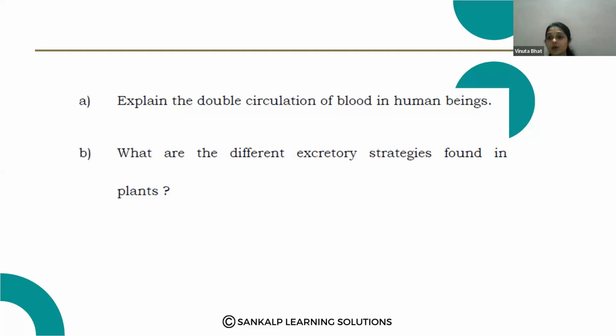Then the deoxygenated blood, that is carbon dioxide containing blood, enters the right atrium, then the right ventricle, then moves to the lungs for purification. That is the double circulation. To complete one cycle, the blood flows twice. So that is called double circulation.